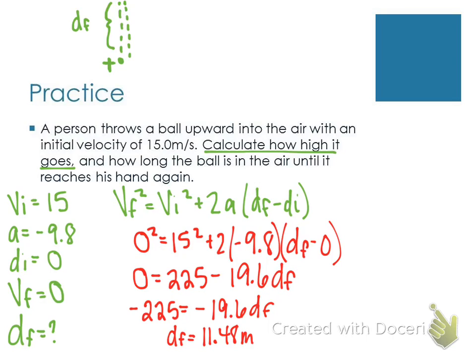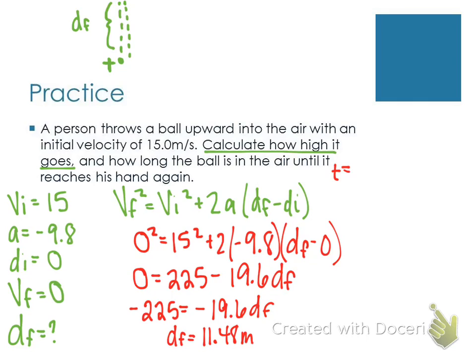When something reaches its peak height, it's going to have the exact same path on the way down. So it's going to take just as long to come down as it did to go up. So if we find our time to peak height, we can multiply that by 2, and that'll give us the time for our total motion, all the way up and all the way down. Does that make sense? Yes or no? Okay. All right. Let's do it that way then.